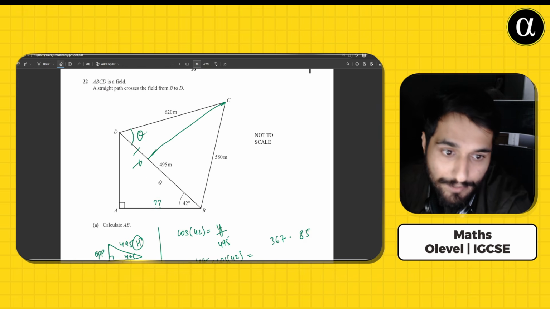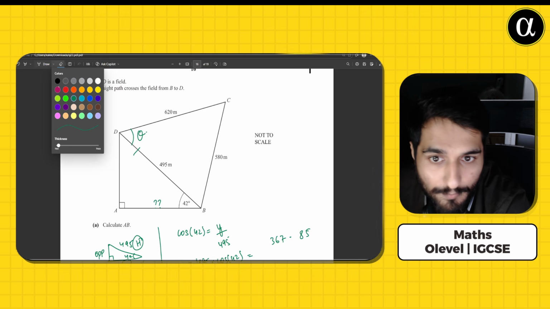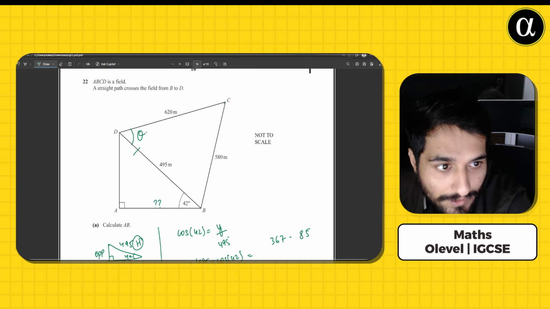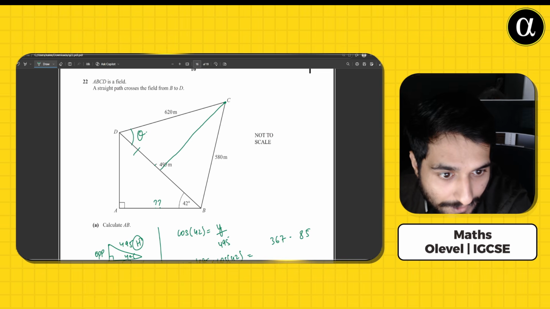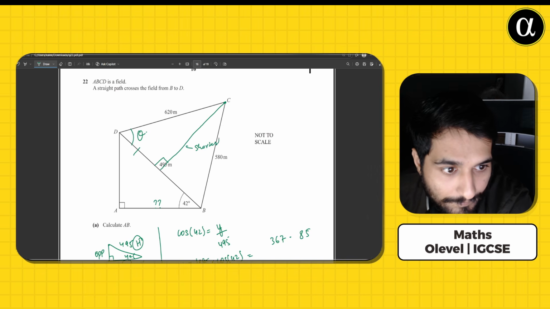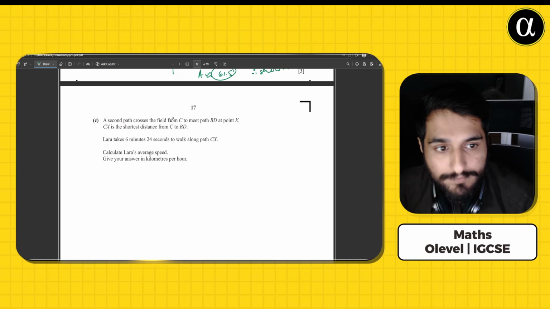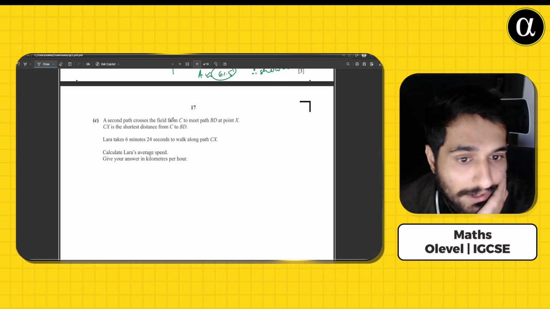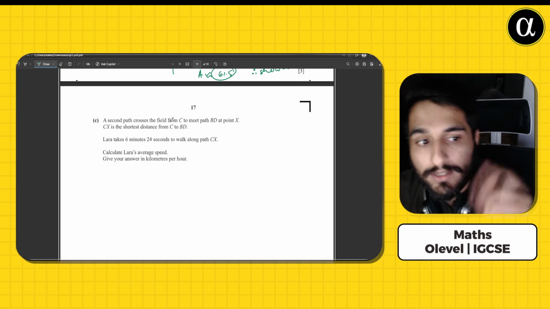Now keep in mind, whenever there's a shortest distance, the line from the point up until the line, when we join these things together, always forms a right angle triangle. This case would be shortest if there's a right angle triangle, all right? And then it says that Lara takes 6 minutes and 24 seconds to walk along the path CX.